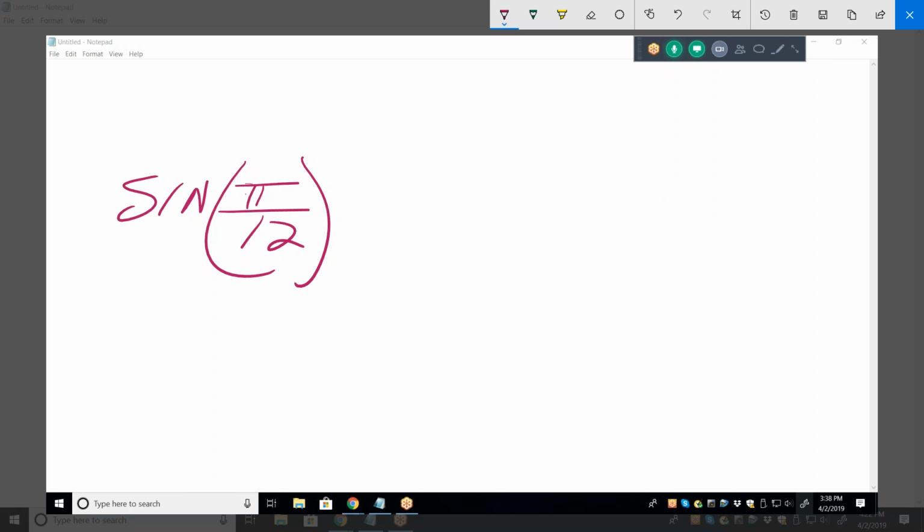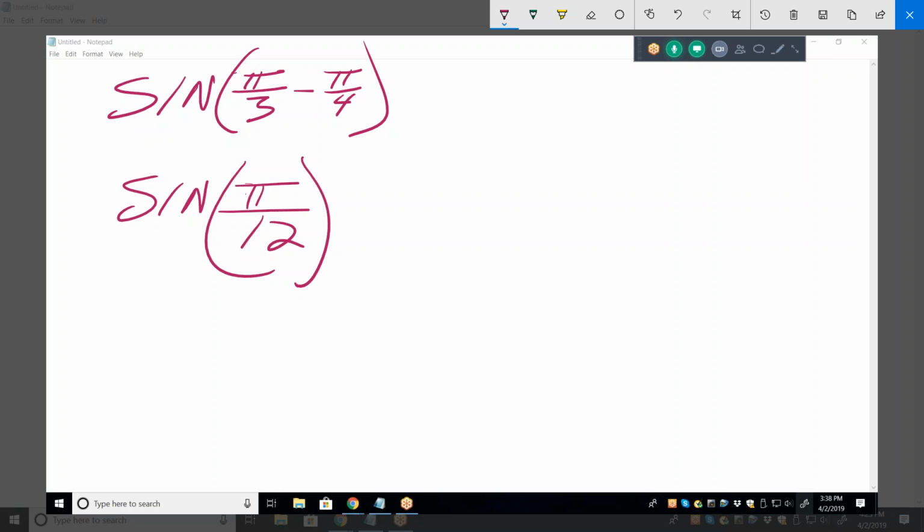Well, the one that I can do the quickest is a difference formula. That is pi over 3 minus pi over 4. If you do the math, that's 4/12 minus 3/12. You get pi over 12.